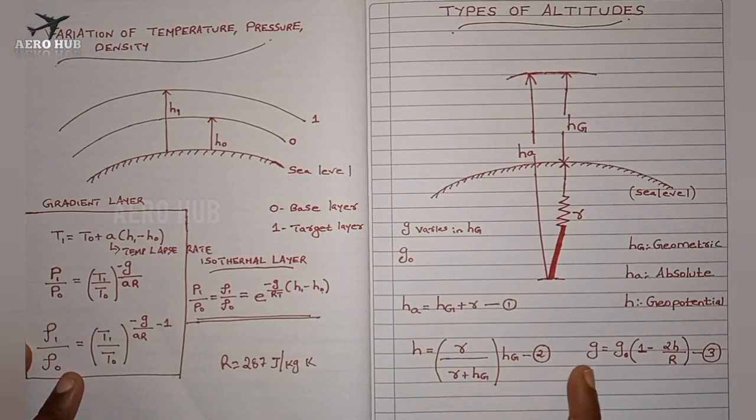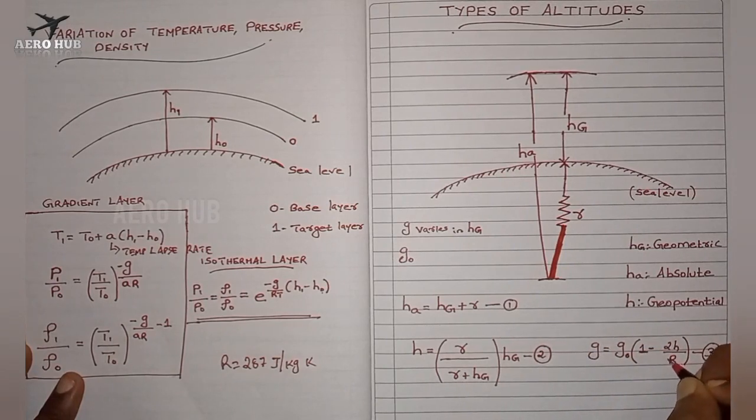Now we have a relation for g, the gravity at a particular altitude: g is equal to g naught into 1 minus 2h by r. Don't confuse the capital R and the small letter r; this r is the radius of the earth.